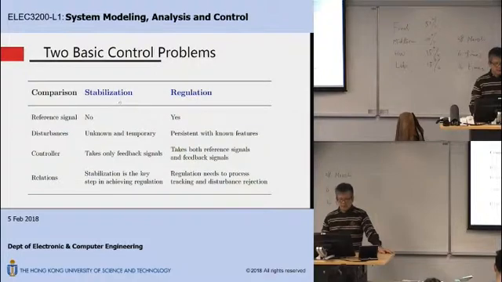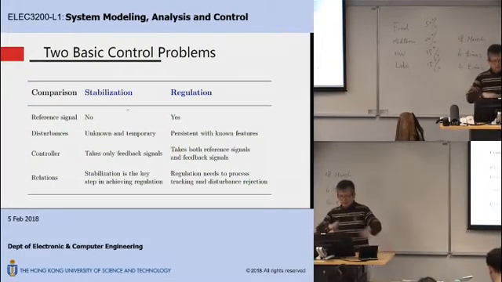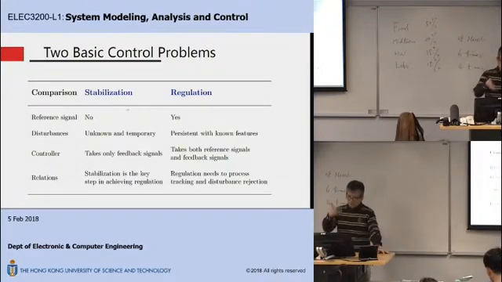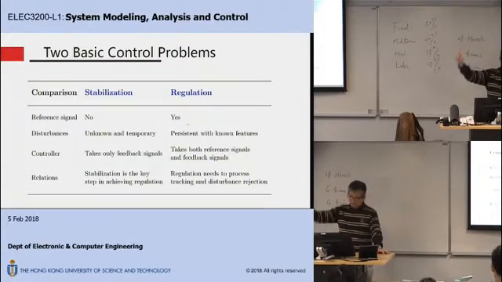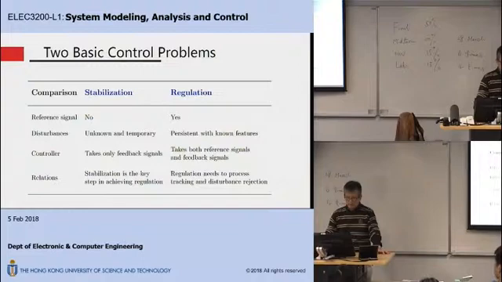In the stabilization problem, you don't have a reference signal. You just want to make things work in a natural, nice way. In the regulation problem, you want to make the system follow some kind of external command. Sometimes you also have different features in the disturbances, right? We can look at that later.